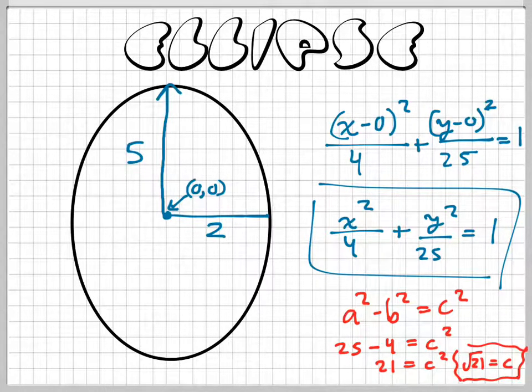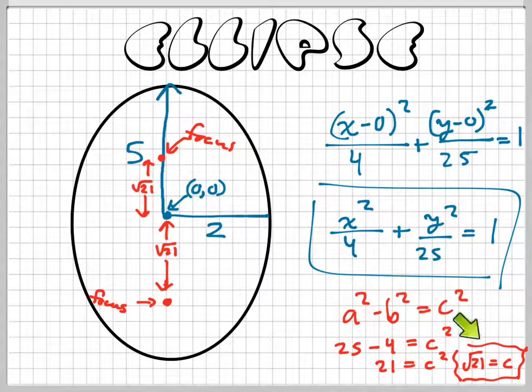So that means our focus point is going to be radical 21 spaces from the center. And then it's going to go the other way also. So we have radical 21. There's your 2 focus points. This is a focus point, and this is a focus point.